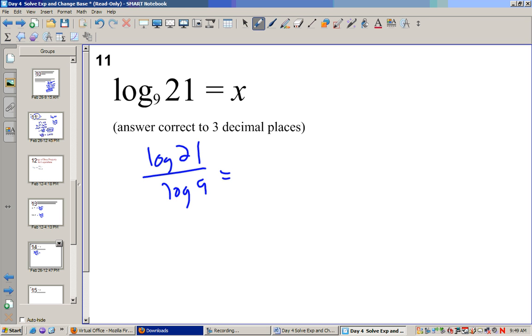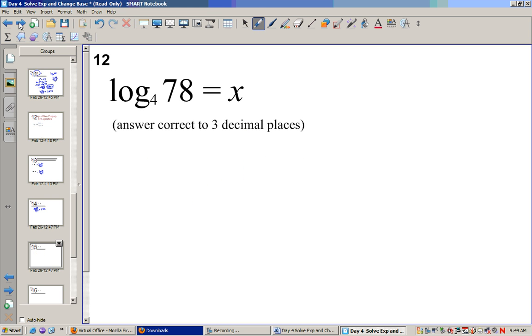Now to find the correct answer, I'd say log of 21 divided by log of 9, and I get 1.386. Log of 78 over log of 4, log of 78 divided by log of 4, I get 3.143.